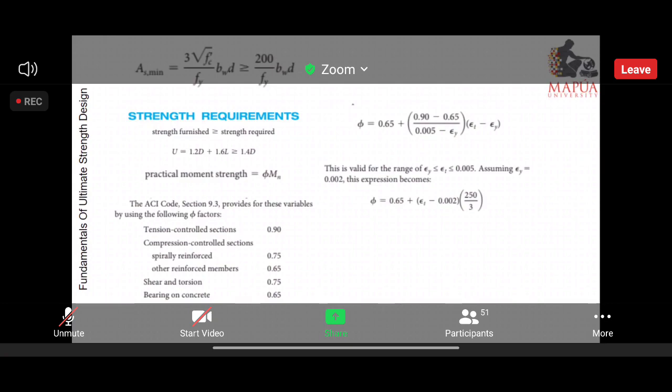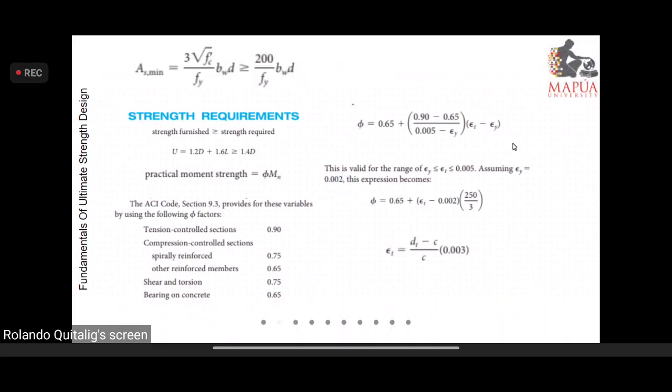Assuming the yield strain is 0.002, this expression becomes this one. And it can then be presented as this one by virtue of the formula for phi, and can be simplified further as this one, minus this one. Not minus, multiply by that one.